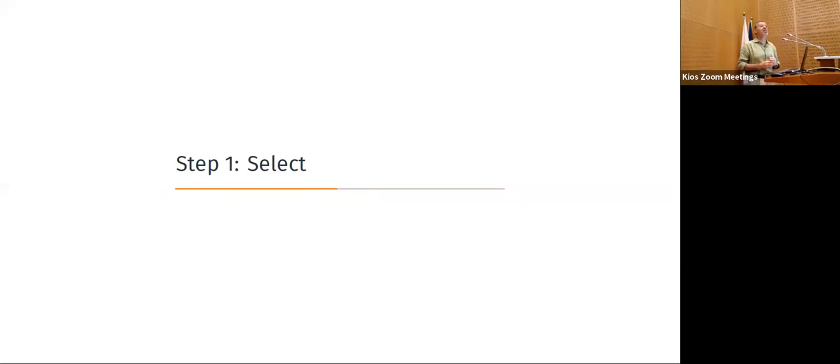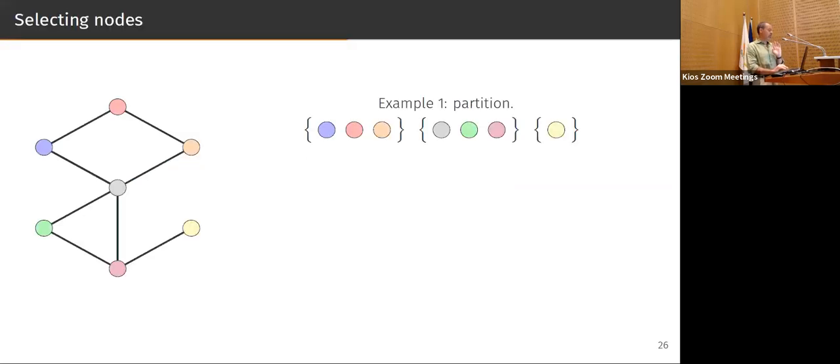The first one is the select step. In the select step, the goal is to aggregate nodes, so we just look at the topology. Just to get the flavor, we can use some very trivial methods. One possibility: we have this graph and what we want to do is a partition.